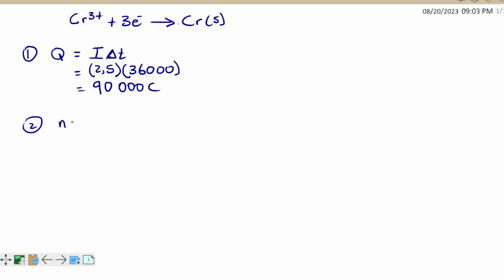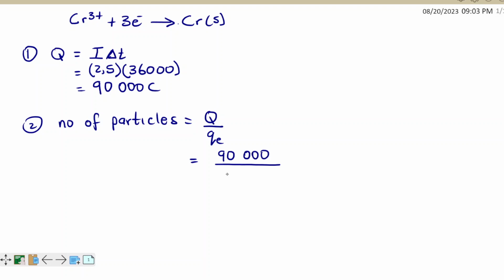Then number 2, we said we have to find now the amount of particles. Remember, the number of particles or the number of electrons is equal to the amount of charge divided by the charge on the electron. So we do have the amount of charge is 90,000. So we're going to divide that now by 1.6 times 10 to the power negative 19. This is Coulomb, this is also Coulomb, so we're going to find a pure number there.